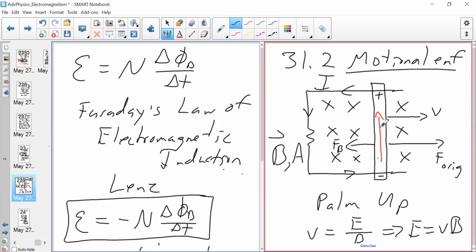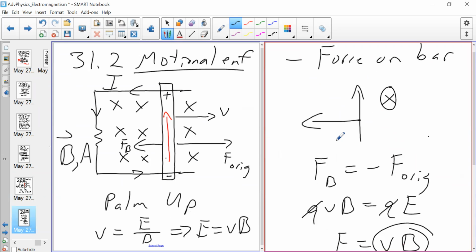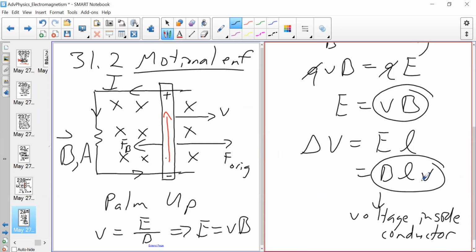This bar magnet coming through, charges are moving, positive charges accumulating here, negative there, you have an electric field, and these charges are moving at a steady rate. And the current is going to be a constant around the circuit. So we determine that the voltage within that conductor is going to be given as BLV.